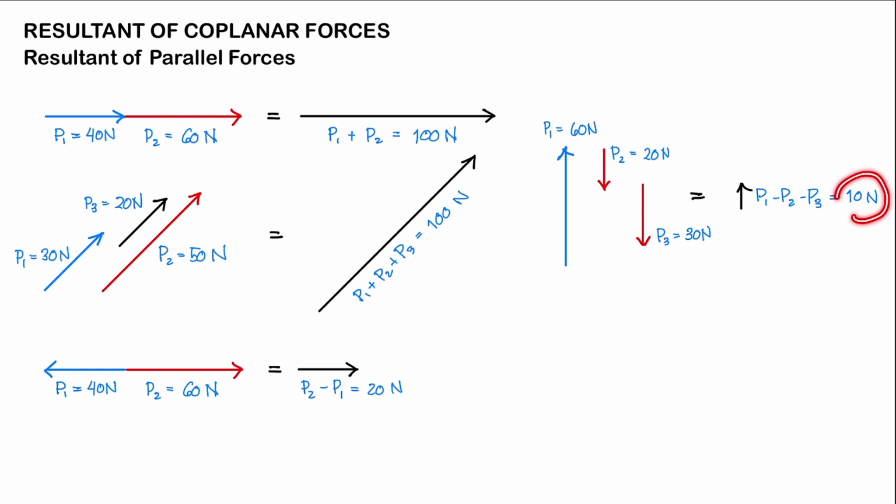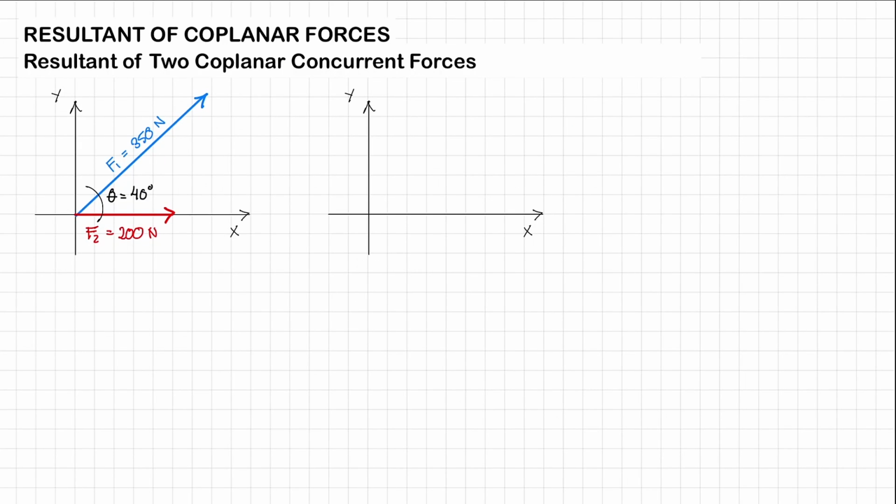And that will be equal to 10 newtons. And since the direction that has the higher magnitude is acting upwards, our resultant will also be acting upwards. Alright, so next for resultant of coplanar forces, we have resultant of two coplanar concurrent forces.